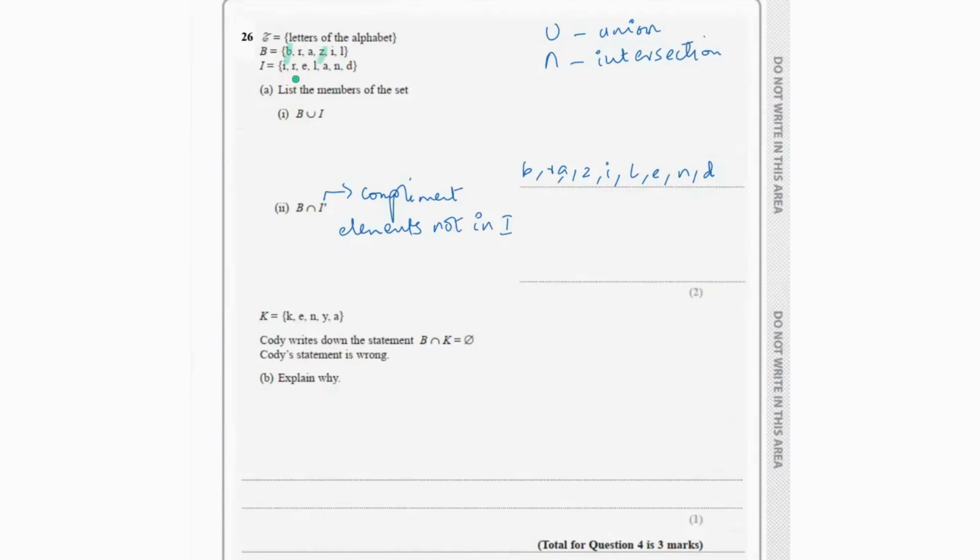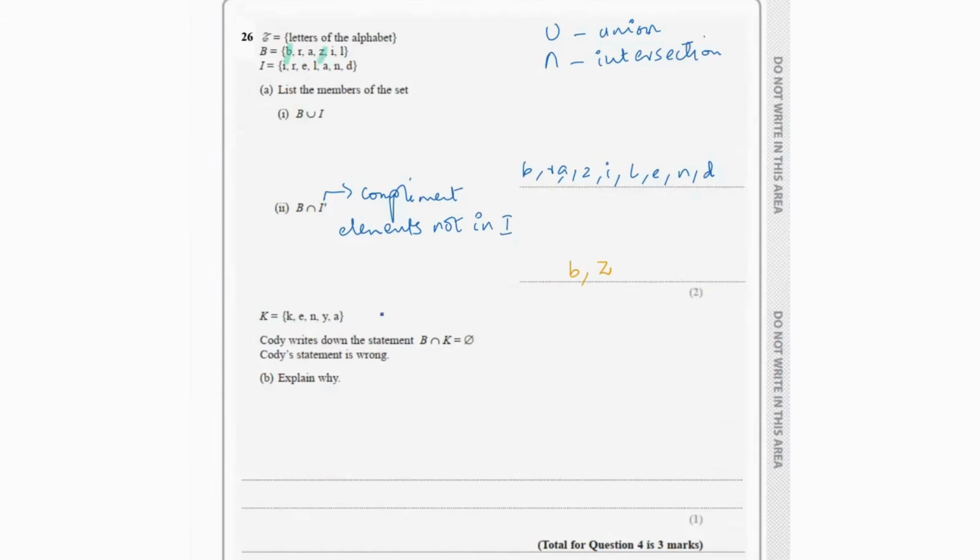Because R is in I and L is in I, A is in I. So in Brazil, the elements that are common between B and the elements that are not in I are B and Z. So that's your answer.